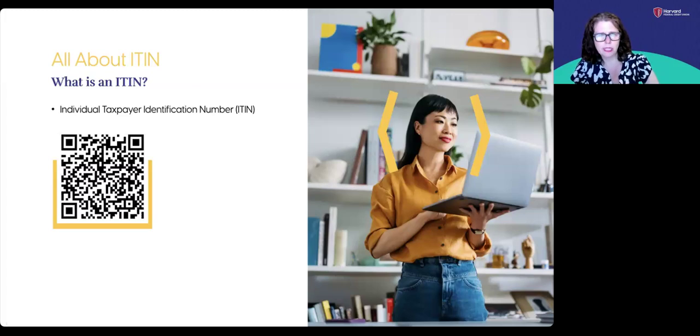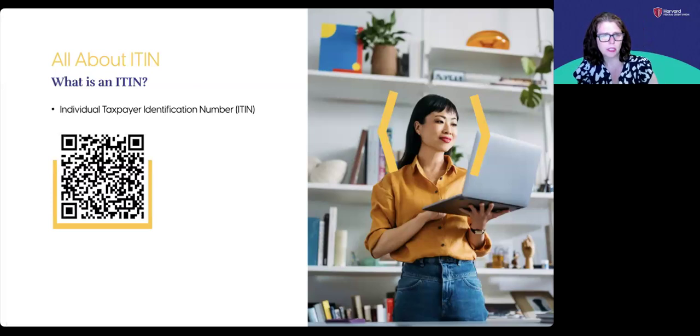Individual taxpayer identification numbers are ITIN for short. They're a tax processing number. It's given by the Internal Revenue Service, the IRS, which is the branch of federal government that handles taxation. And ITINs are for people who are not eligible for a Social Security number.